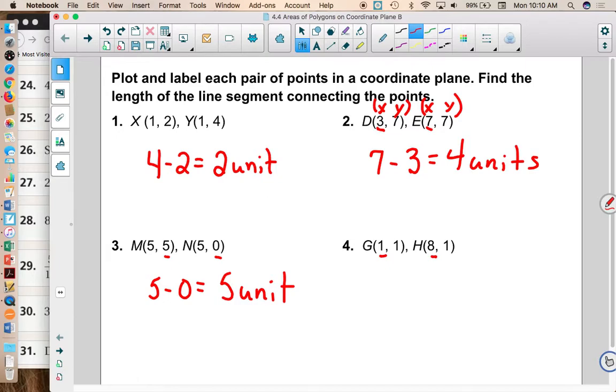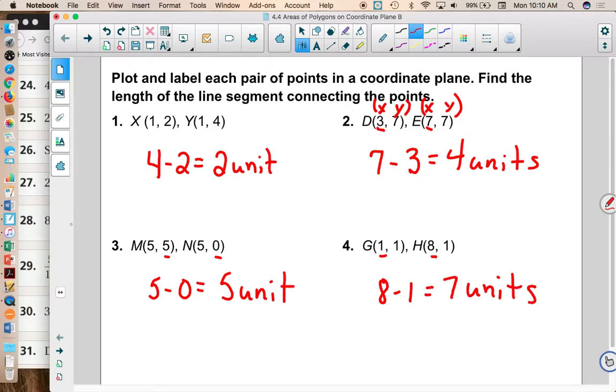I want to know the difference between the 1 and the 8, so how would I find the difference? Nope. Difference. The distance between them. How have I done it on every single one of these, Roper? Subtraction. So tell me what I'm going to subtract from what? 8 minus 1. There you go. 8 minus 1 equals 7 units.